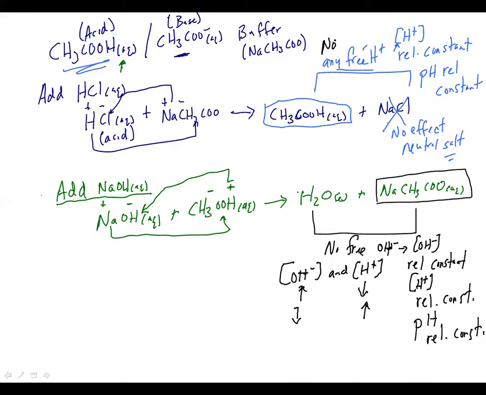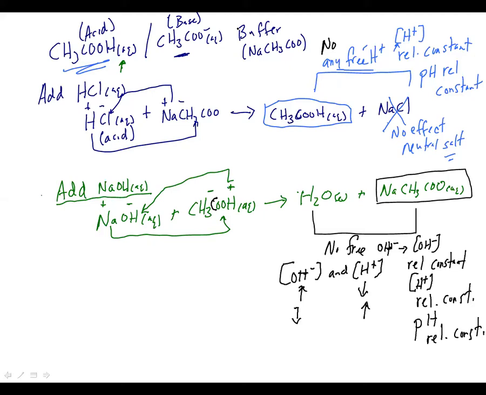And the same thing when you add a base to a buffer, the base will react with the acid, and it will make more of the base part of the buffer. And the key to how that works is it prevents free OH minus from being formed. And because the OH minus remains constant, the H plus concentration will also remain constant. And as a result, the pH will remain relatively constant.